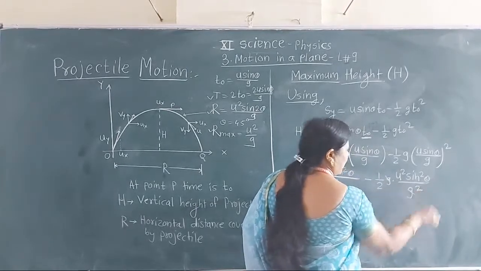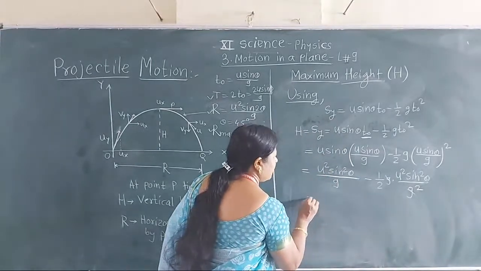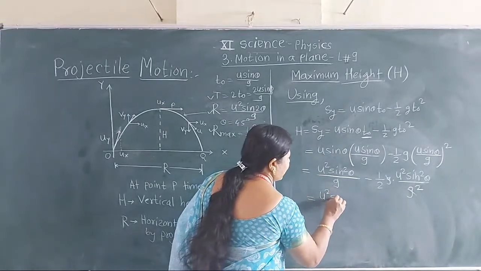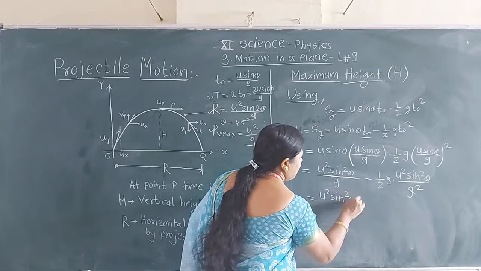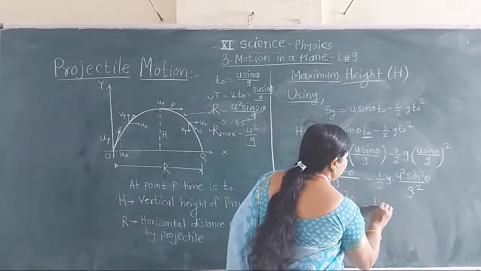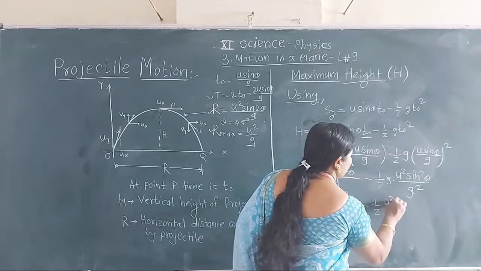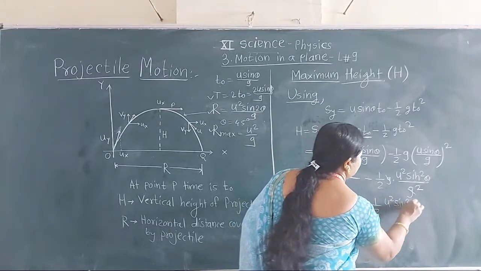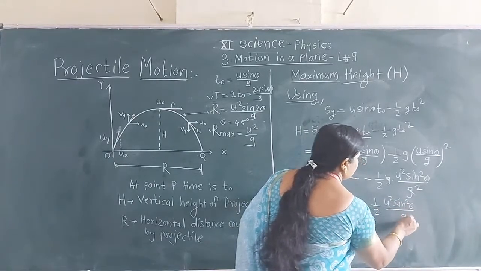This g and this g get cancelled. Therefore, we get u square sin square theta divided by g minus 1/2 u square sin square theta divided by g.